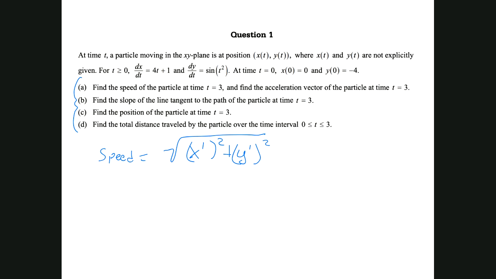Now, do I have x prime? Do I have y prime? Sure looks like it, doesn't it? So I'm just going to go 4t plus 1 squared plus sine of t squared for my speed.